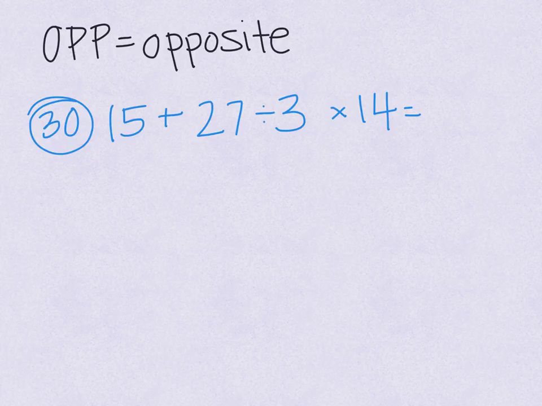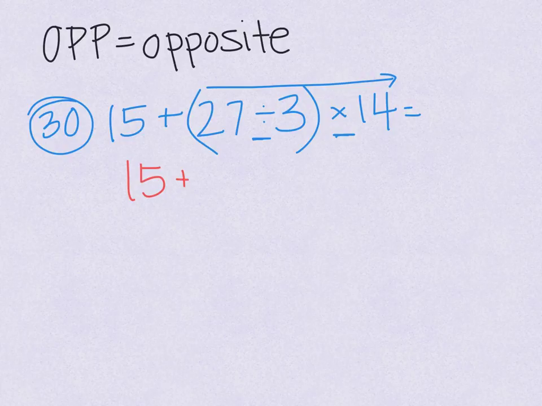So following PEMDAS, I need to do parentheses, which I don't have, exponents, don't have, multiplication and division, and then I can see I do have division and multiplication. I'm going to go straight across, so that means I'm going to do 27 divided by 3 first, so now I'll rewrite my equation. 27 divided by 3 is 9 times 14. Now I should be doing my multiplication.